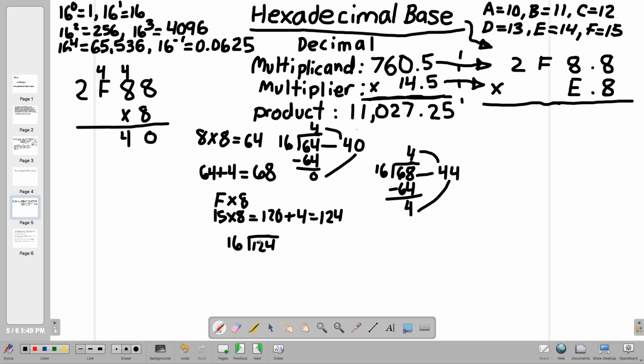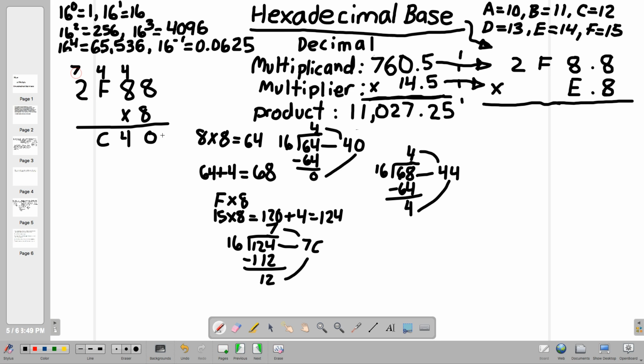And so 124 divided by 16, it goes in 7 times. And then 7 times 16 is 112. So that's saying that we're going to subtract 112 from 124. That leaves us with 12. So this is saying that the value 124 in decimal is represented in hexadecimal as 7C, because C represents 12. So C goes here, and the 7 is carried over.